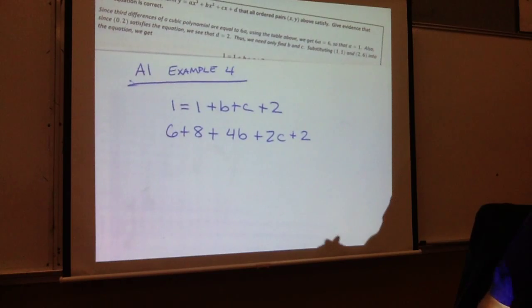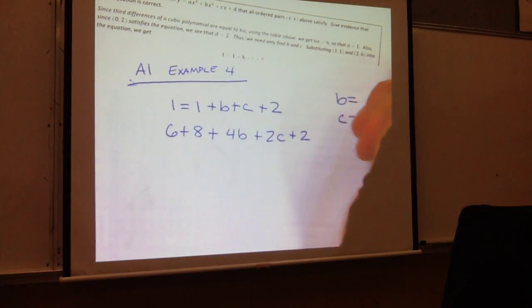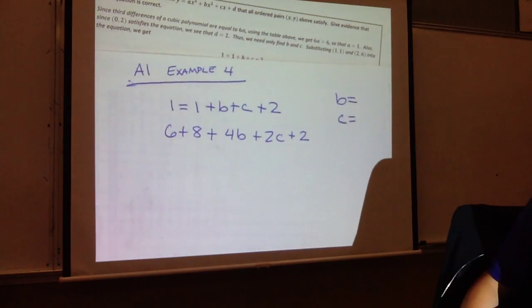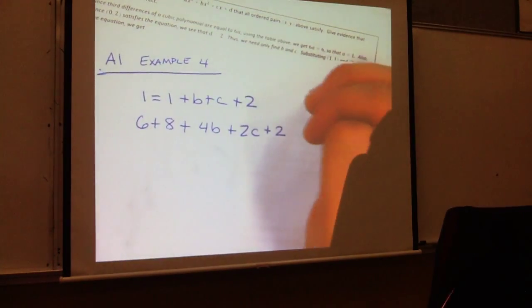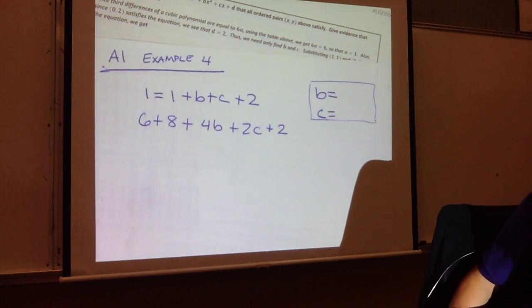And so we need to get something that says b equals and c equals. That's what we're trying to solve for: what is b equal and what is c equal.